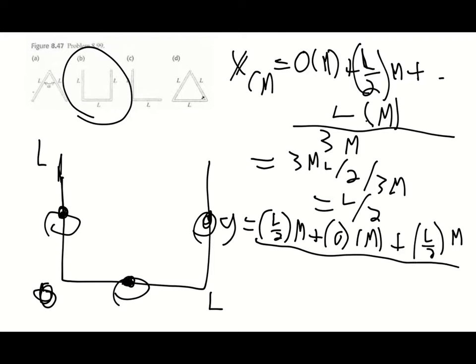All divided by 3m, that's m plus m plus m. We're going to have mL over 3m. We end up with L over 3. So our center of mass is actually going to be right over here, L over 3 above that point right there.